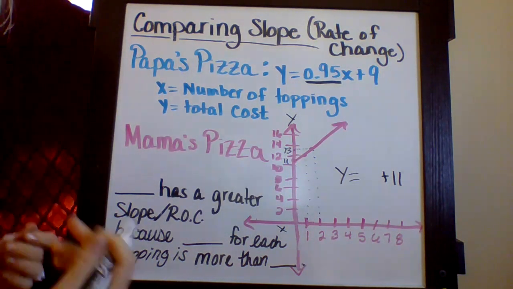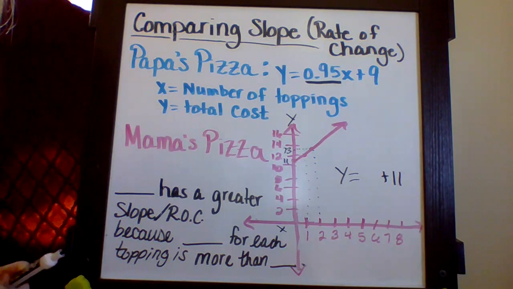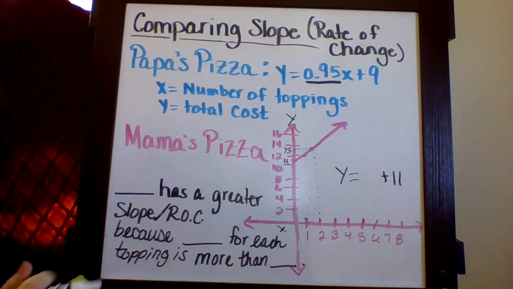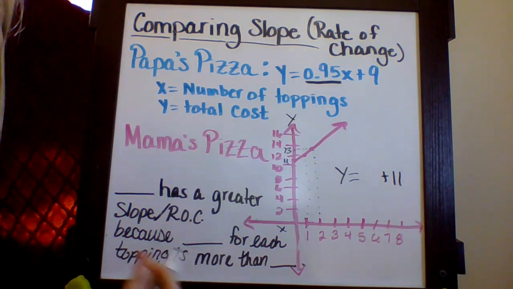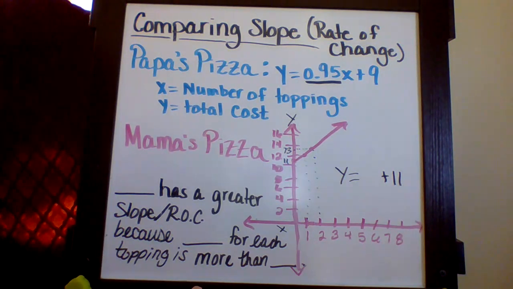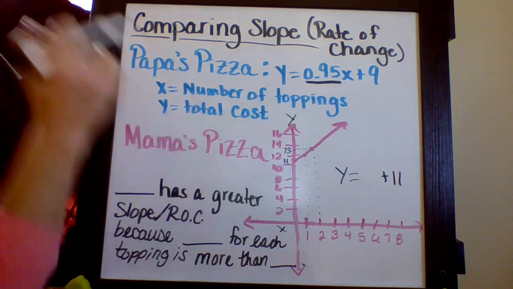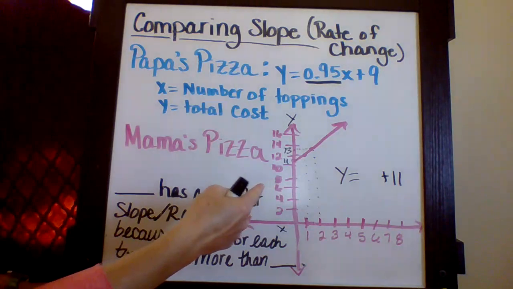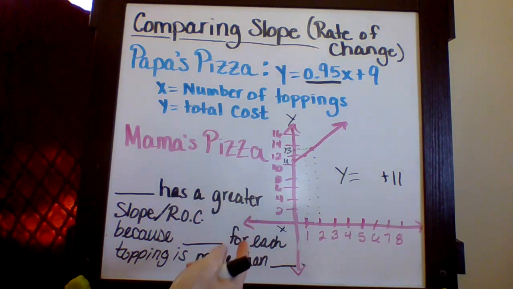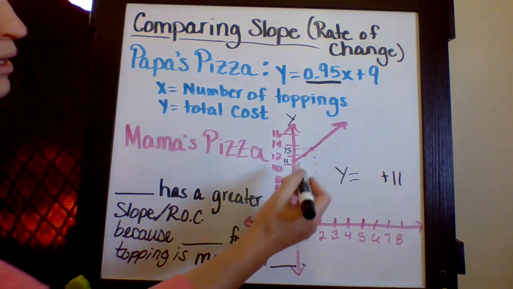Now some of you can just fill that rate of change in right then, and some of you might need to find the slope between the points. And we've given you multiple ways where you can do that. You can either get the ordered pairs and do your y2 minus y1 over x2 minus x1. You can make your triangle and count.